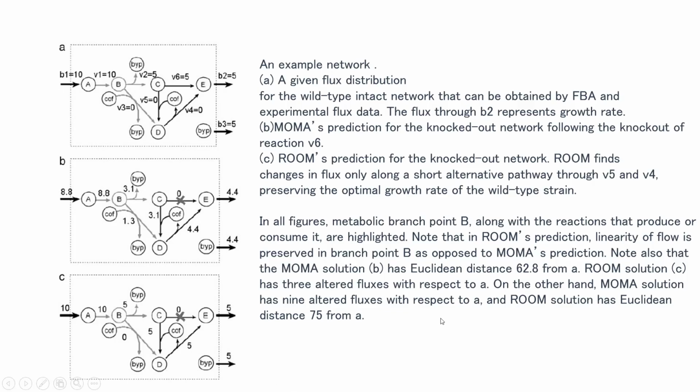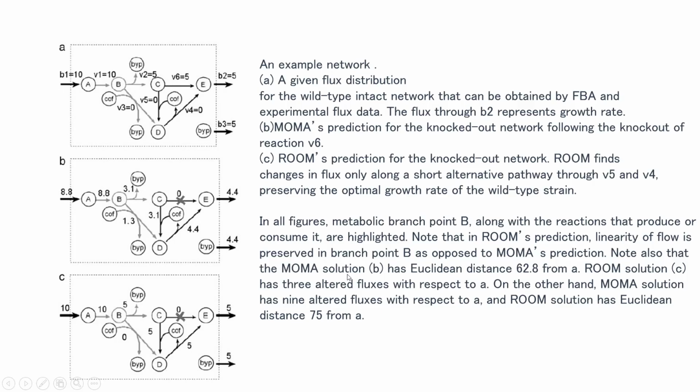In all the figures, metabolic branch point B, along with the reactions that produce or consume it, are highlighted. Note that in ROOM's prediction, the linearity of the flow is preserved in branch point B as compared to MoMA's prediction.